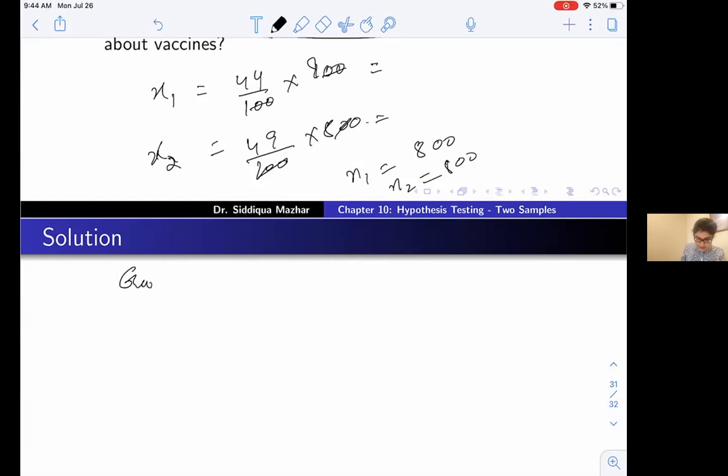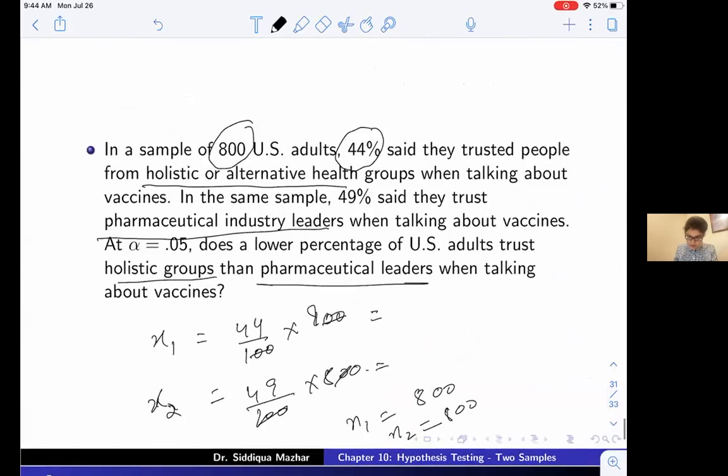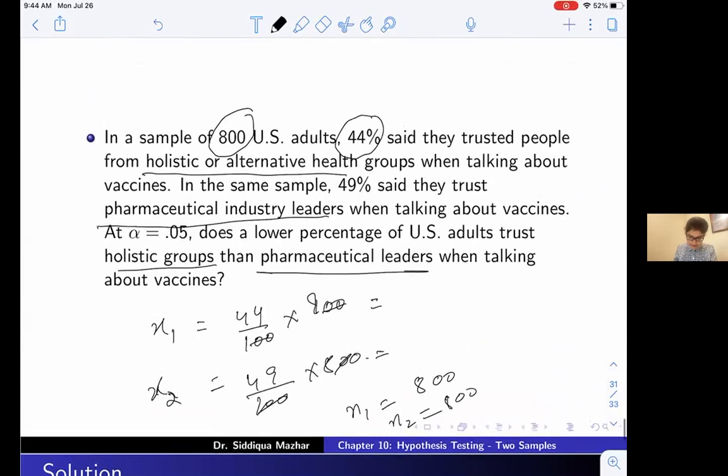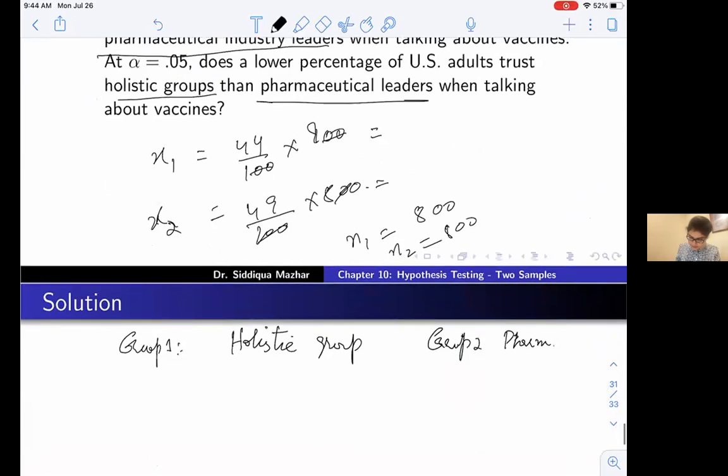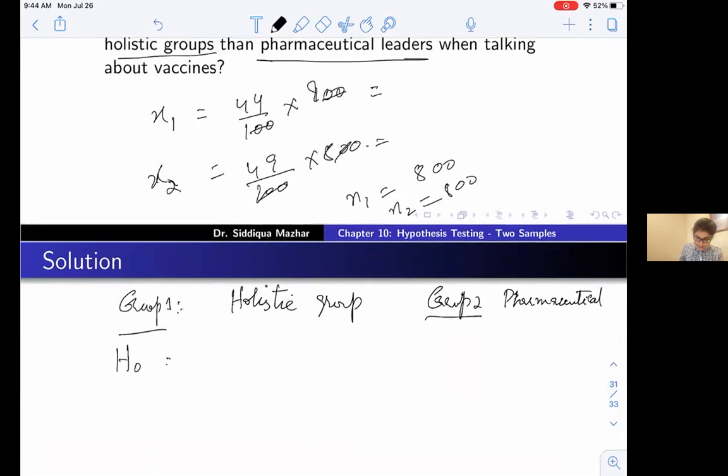Group 1 is people who trust holistic groups, and group 2 is people who trust pharmaceutical industry leaders. So this is how we are writing it down. Null hypothesis, let's say prop 1 is equal to prop 2, like people trust both groups equally.